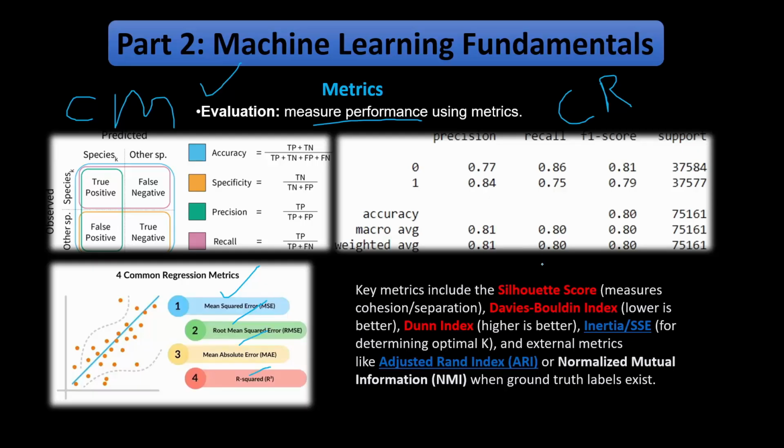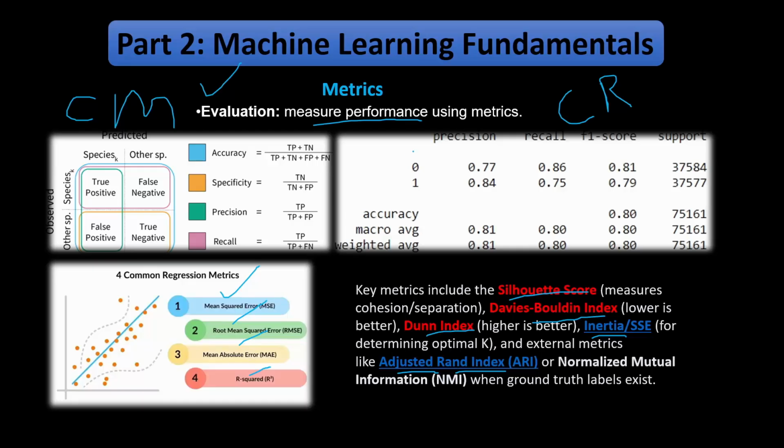Or we have some other metrics such as silhouette score, Davies-Bouldin index, Dunn index, inertia, or adjusted rand index. Let's differentiate what all these metrics are and when to use which metric.